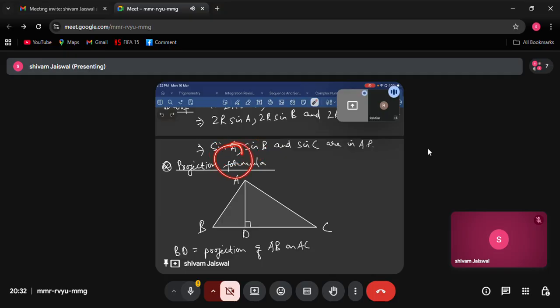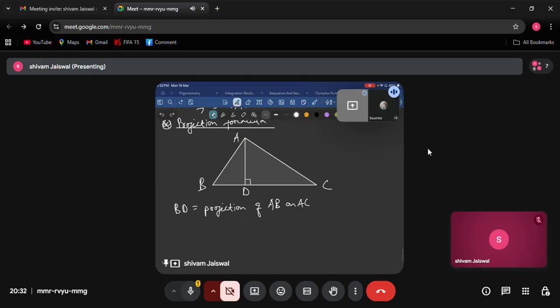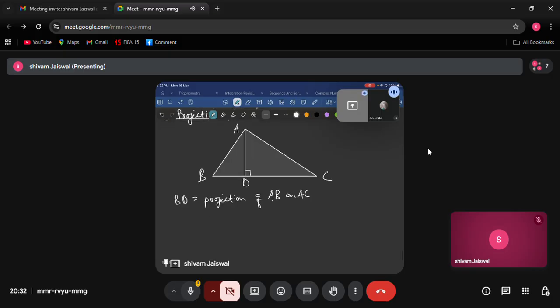Right, Shomita, are you getting? If the sun is overhead, where will the shadow of AB lie? On BD. And where will the shadow of AC lie? On DC. Okay. So BD is equal to projection of AB on BC, and DC is equal to projection of AC on BC.